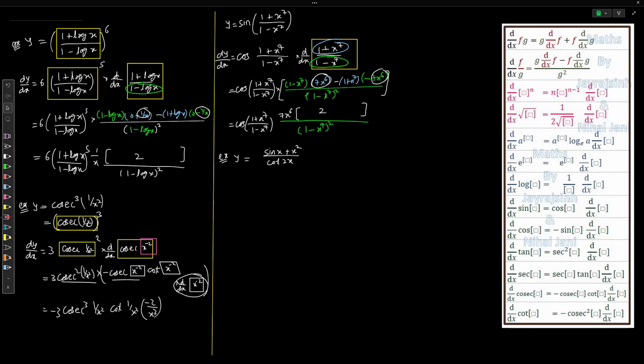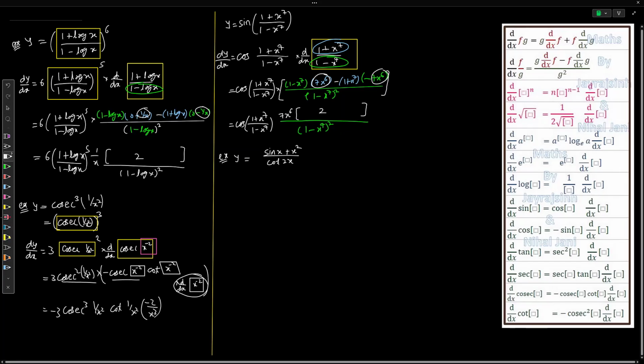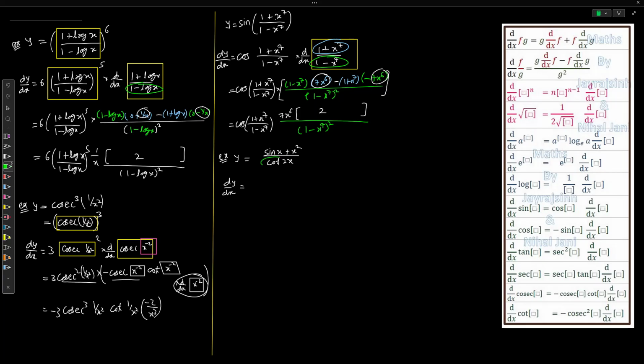Okay. Here we have y is equal to sin x plus x square upon cot 2x. Division rule. So dy by dx will be, in the first step, denominator is as it is.